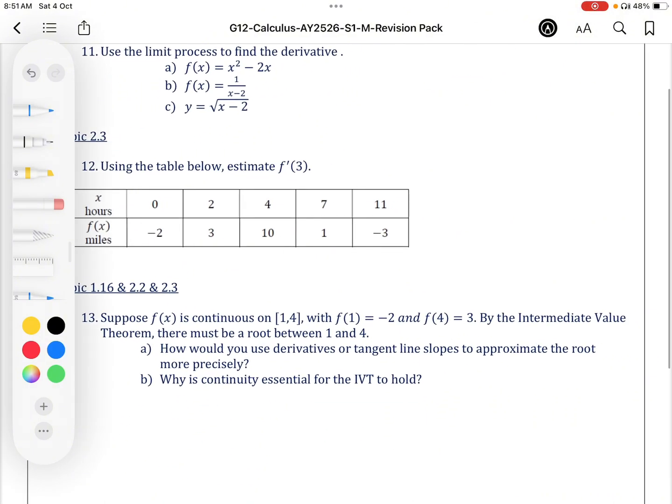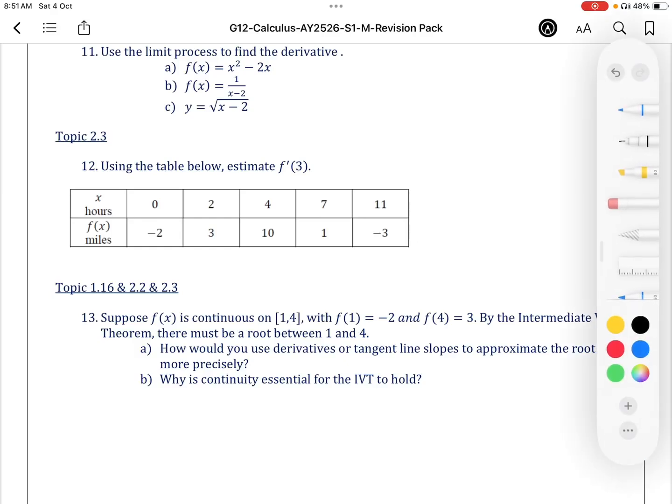The last question, number 12, sorry, still 12 and 13. Estimate derivative at x equal 3. This is the last lesson, 2.3. So 3, it's not one of the numbers, so it's between 2 and 4.